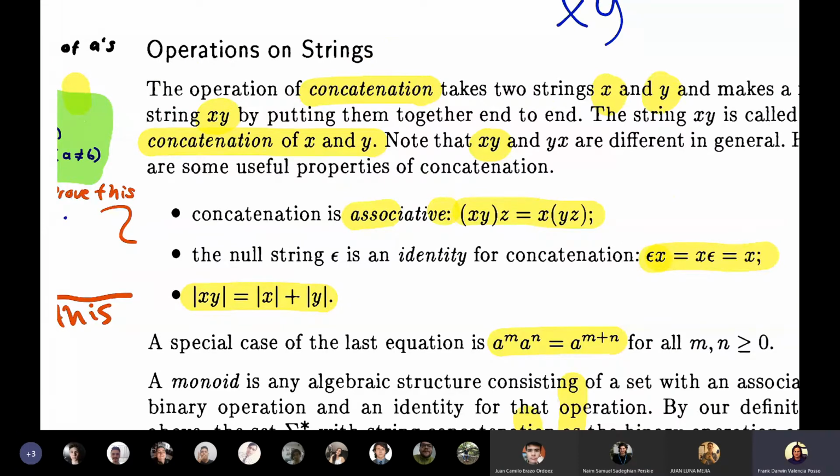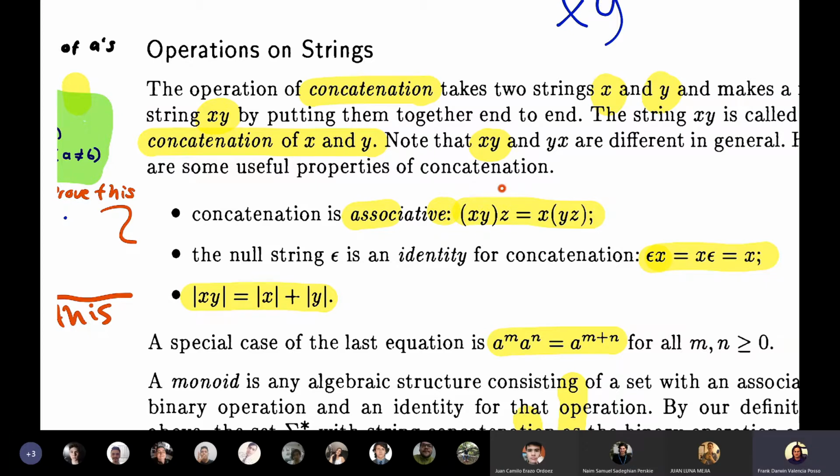The concatenation of X and Y, you write X followed by Y, is a string with all the symbols of X first, followed by the symbols of Y. And that concatenation is associative, meaning that if you concatenate X, Y, and then concatenate that with Z, it is the same as the concatenation of Y with Z, and then concatenating this after X.